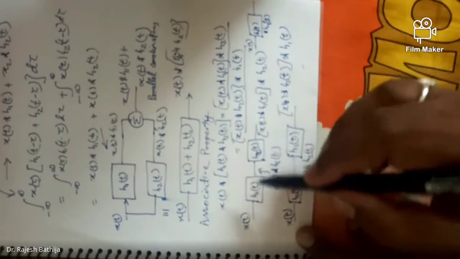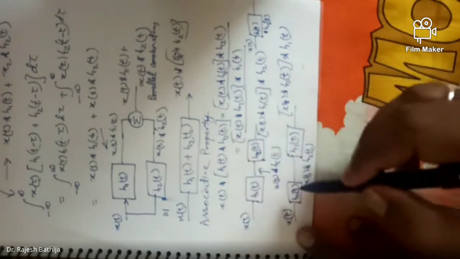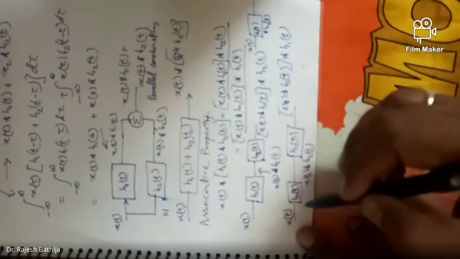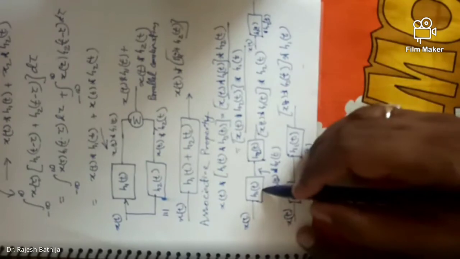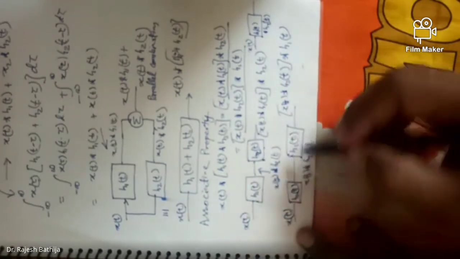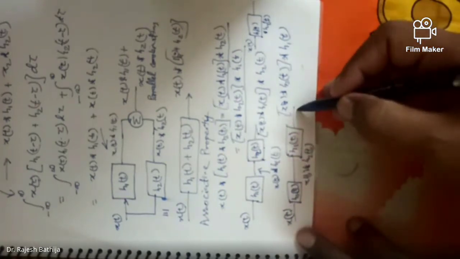I can connect the second system first or the first system first. h1(t) and h2(t) can be interchanged in their roles without affecting the overall output.